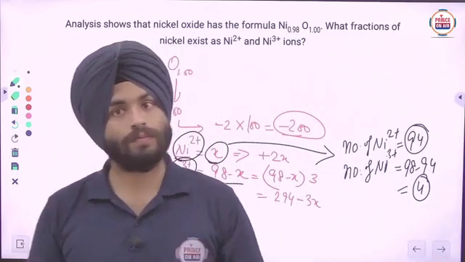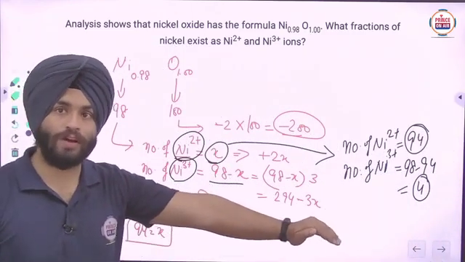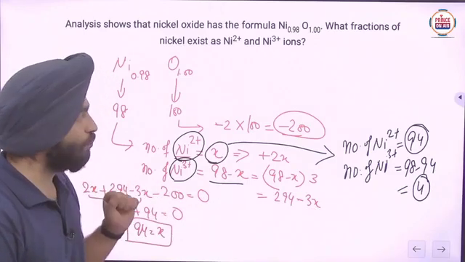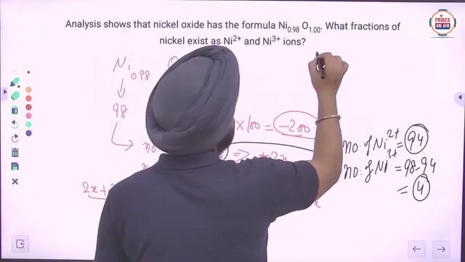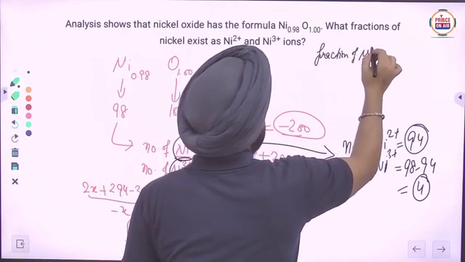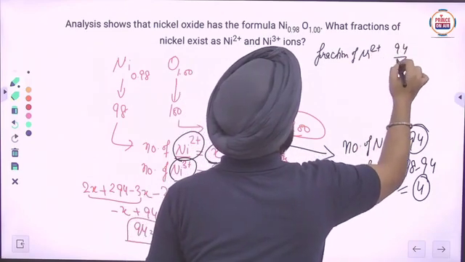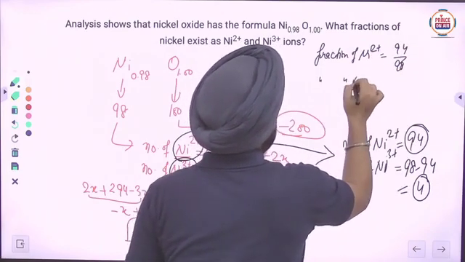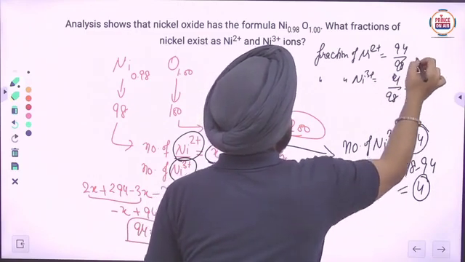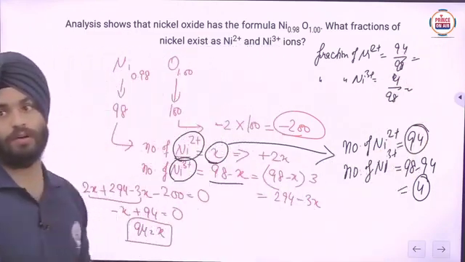Clear now? So you know that ratio very well now. Afterwards we have to calculate their fractions. The fraction of Ni2+ ions will be 94 upon 98, and the fraction of Ni3+ ions will be 4 upon 98. That calculation you have to do yourself.